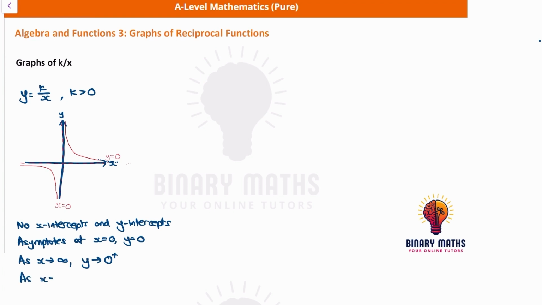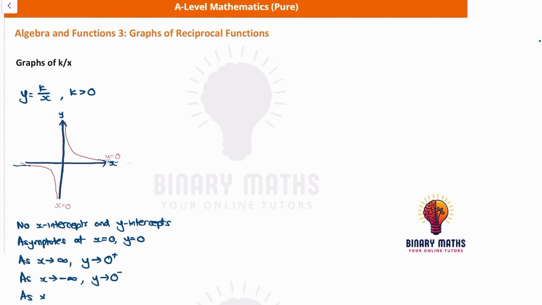Similarly, as x tends to negative infinity, as x gets very, very negative, y is still getting closer and closer to 0, but it is always a negative number getting closer and closer to 0.